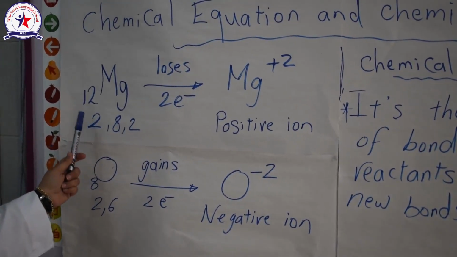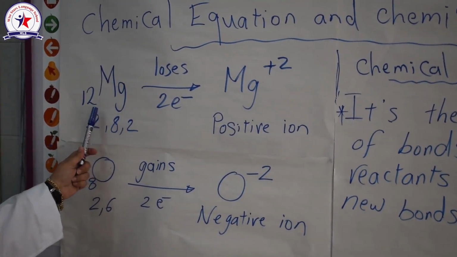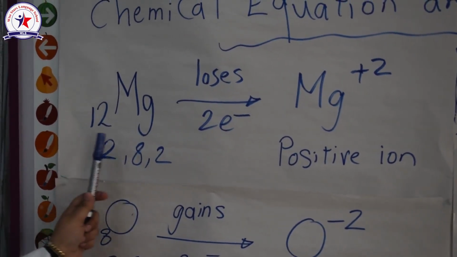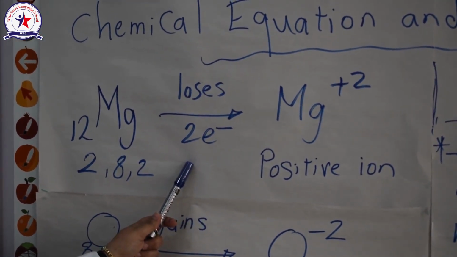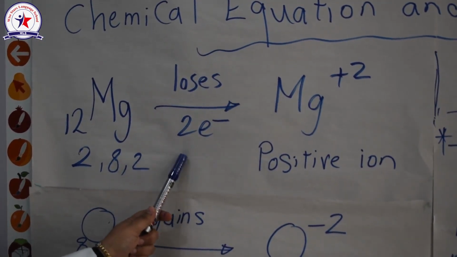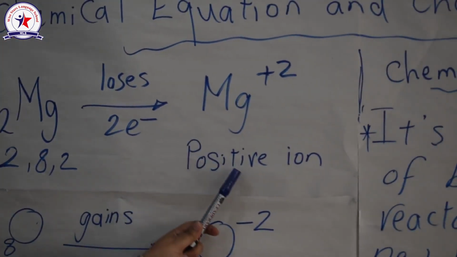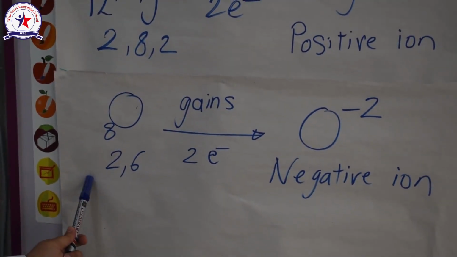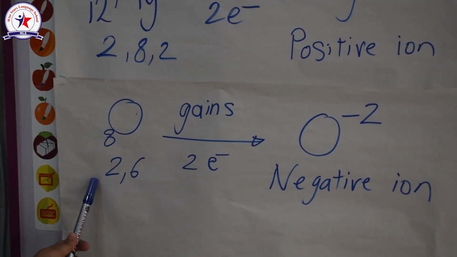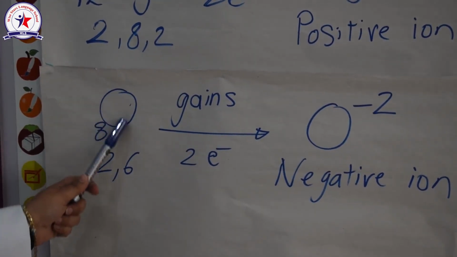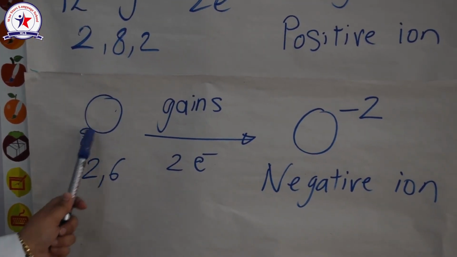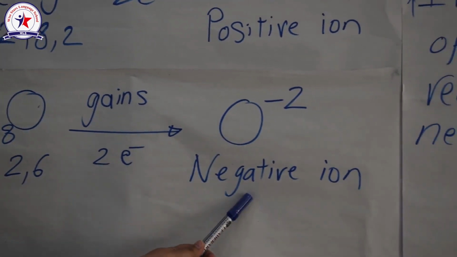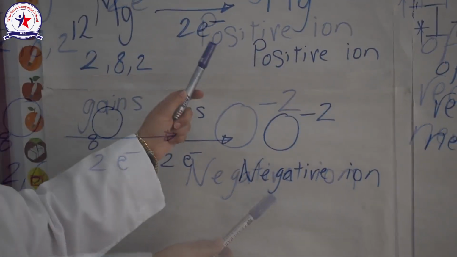As we said before, magnesium is an element, it's a metal. This metal loses 2 electrons during chemical reactions, changing into a positive ion. And another element, which is a non-metal, oxygen, during reactions gains 2 electrons, changing into a negative ion.